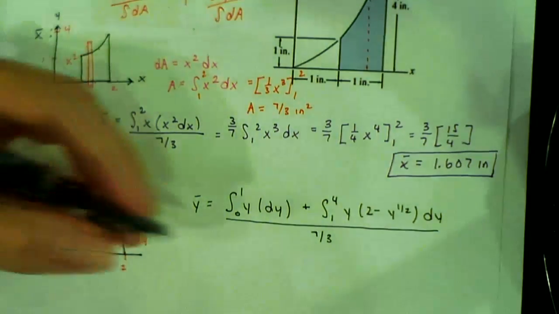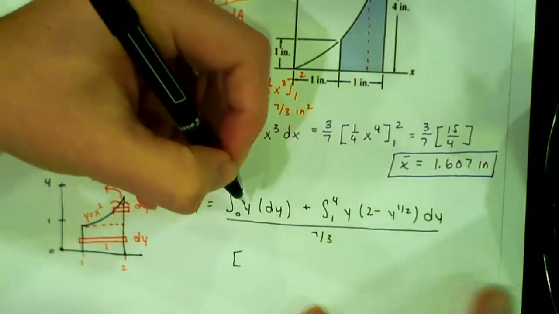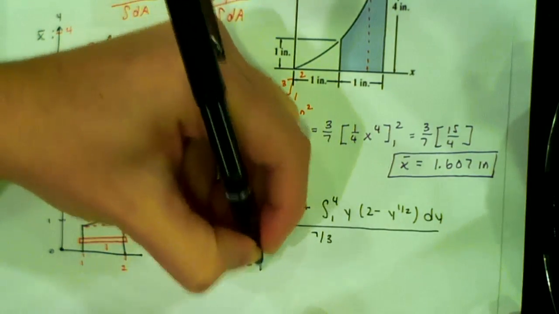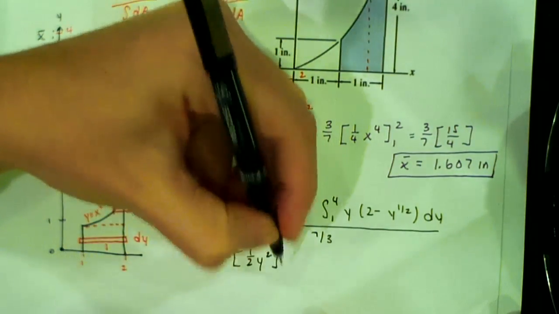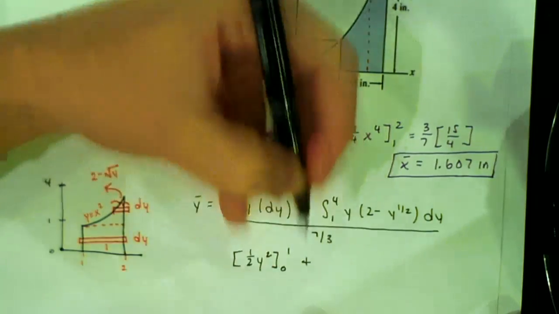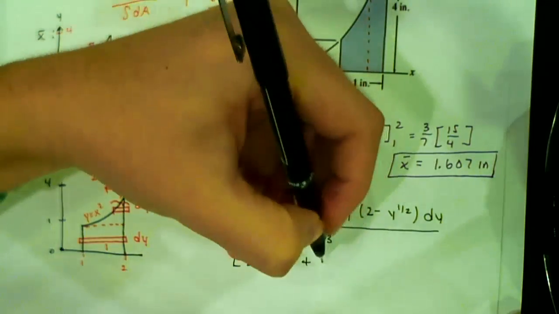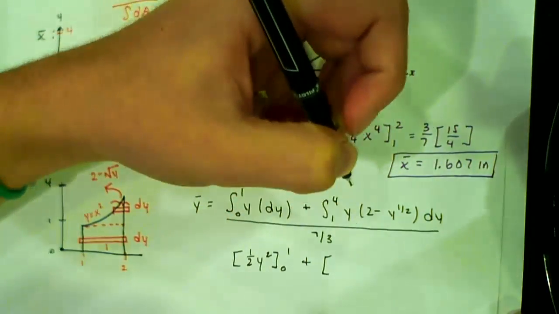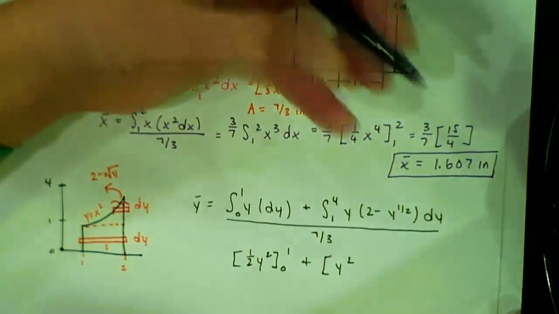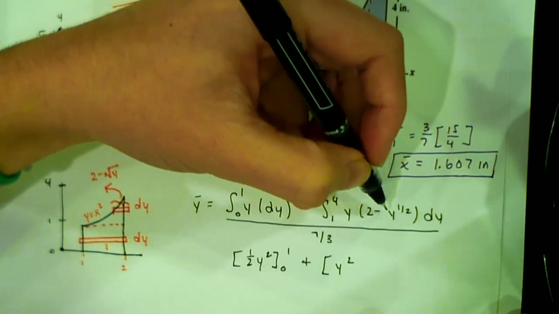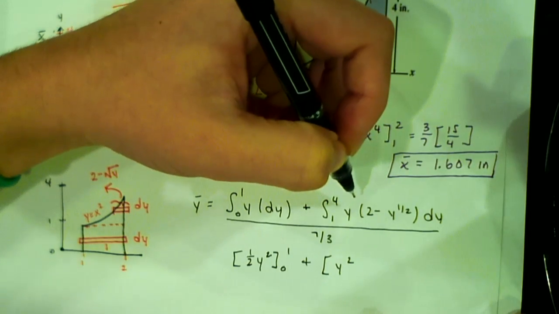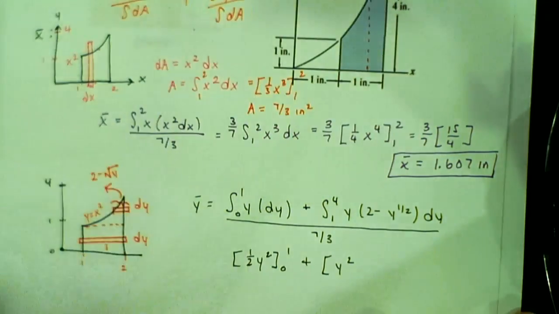So simplifying, if I integrate y, I get 1/2 y to the 2 from 0 to 1, plus, so that's 2y. So that gives me y to the 2, and then I have y to the 3 over 2. Does everyone see what I'm doing?